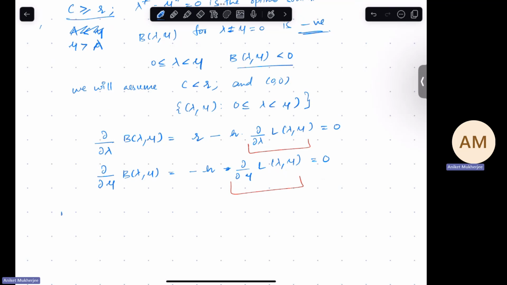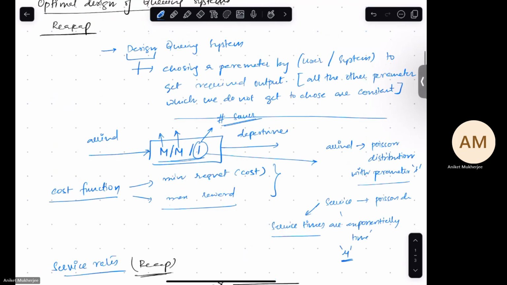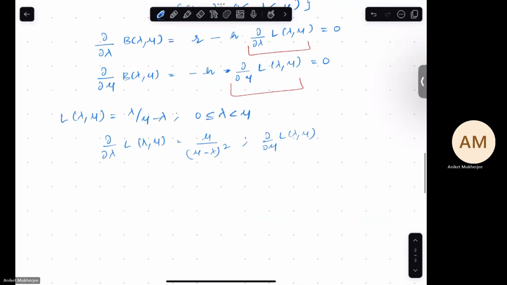So we know that L of lambda, mu is lambda by mu minus lambda. For 0 less than lambda less than mu, we have dou by dou lambda of L of lambda, mu equal to mu by mu minus lambda whole square. And dou by dou mu of L of lambda, mu, we have minus lambda by mu minus lambda whole square.